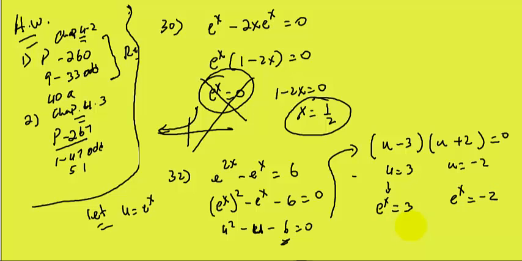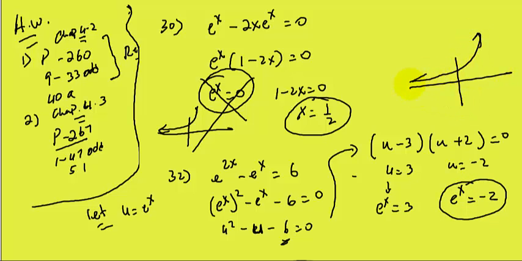Okay, so where does the e to the x curve equal negative 2? Come on, the e to the x curve looks like this. It's always positive, above 0. So this is nothing. If you try to take logarithms, you can do it that way too. You can't take a logarithm, or ln, of negative 2. Right? And then what we have left here is e to the x is equal to 3.